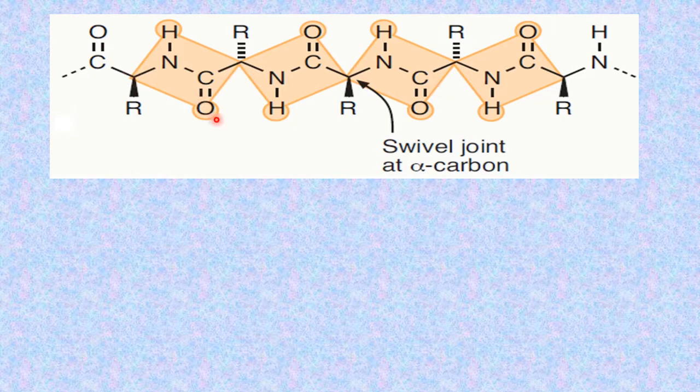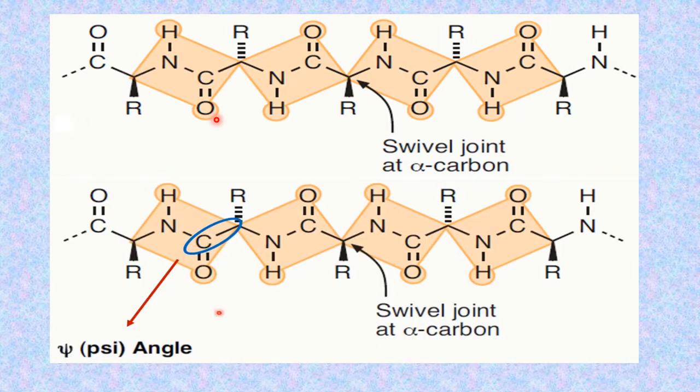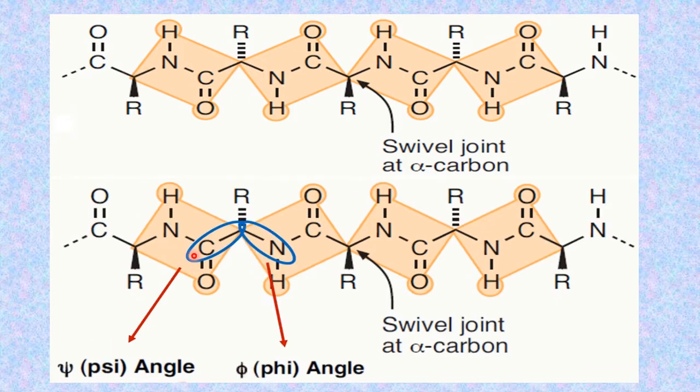So one is the psi bond between the alpha carbon and the carbonyl carbon, and the other is the phi bond between the alpha carbon and the nitrogen of the amine group.